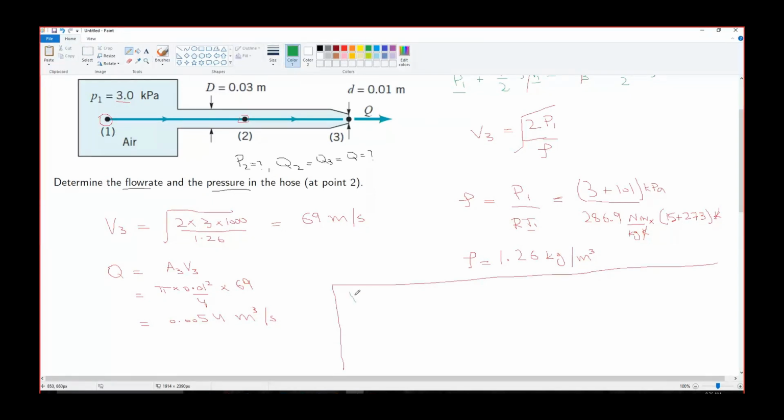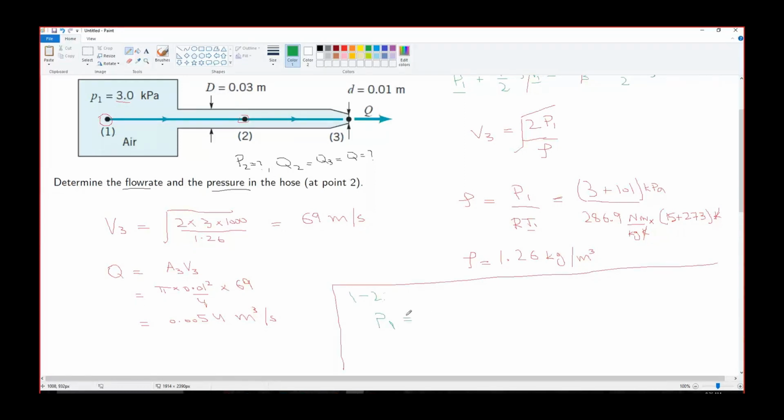We write the Bernoulli equation between point 1 and 2 in order to have knowledge about P2. What would be P2? Okay, so P1, I am not writing the velocity term, I am not writing the hydrostatic term, because you know that it is equal to 0. V1 is 0 and the height is fixed.